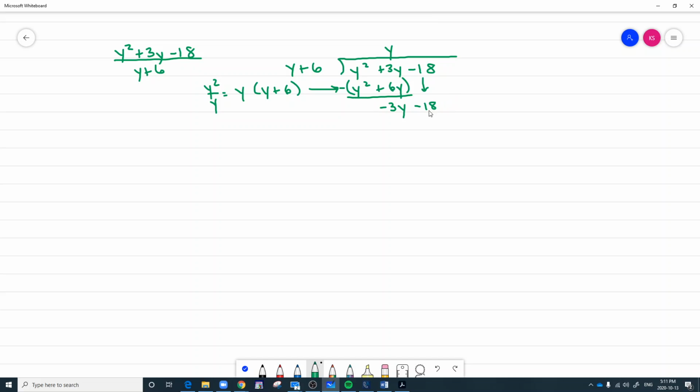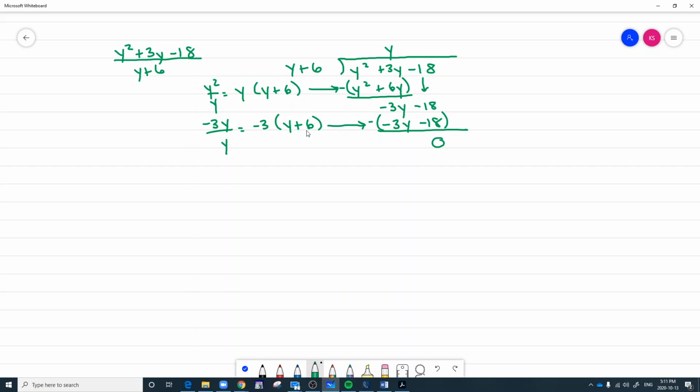And then we repeat. You're going to divide the negative 3y by the first term in the divisor, the y, and you get negative 3. Then you're going to multiply that by the divisor, and you get negative 3y minus 18, and then you subtract. Negative 3y, take away negative 3y is 0y. Negative 18, take away negative 18 is 0.